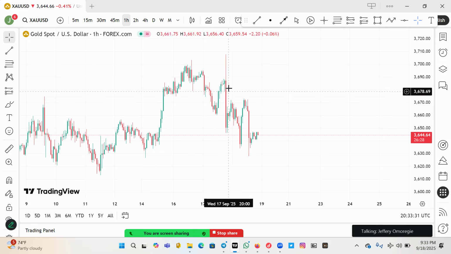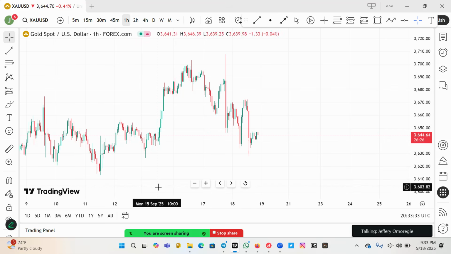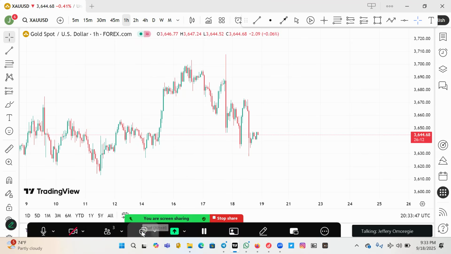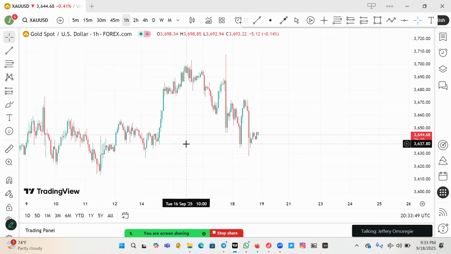Now, first thing first, before you get to order flow, one of the most important things that must be in place is that your structure must be correct. You must first of all know how to mark your structure. I said in one of the classes that marking your structure involves marking your valid break of structure.